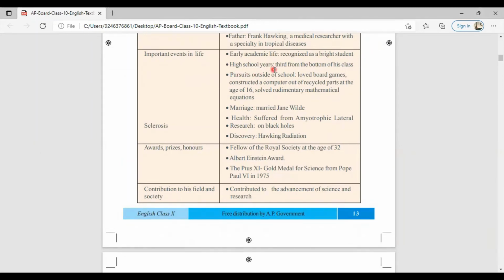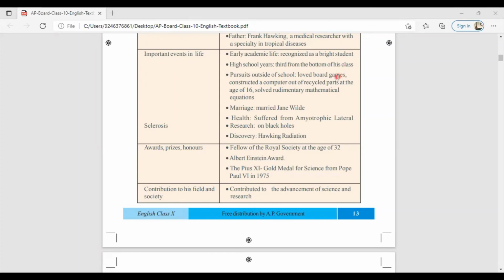During his school years, Stephen stood third from the bottom. Now you understood, no? He is bright only, but at the starting age he was third from the bottom. That means he did not read properly, like he was not initially a successful academic person. So you write, during his school years, Stephen stood third from the bottom of his class.